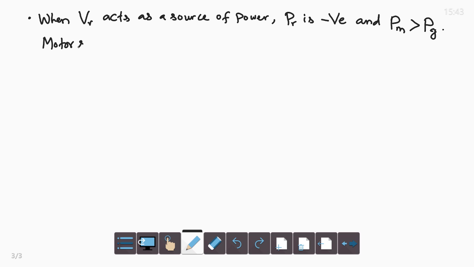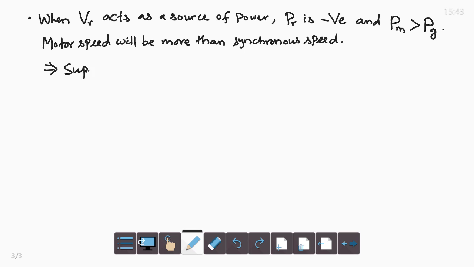So, motor speed will be more than synchronous speed. So, this corresponds to super synchronous motoring operation.